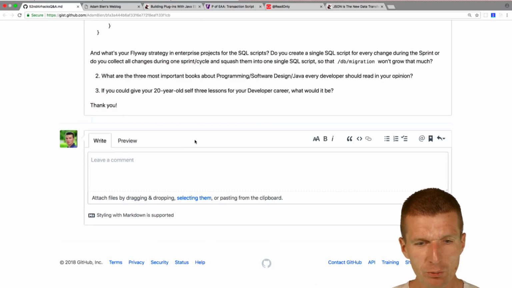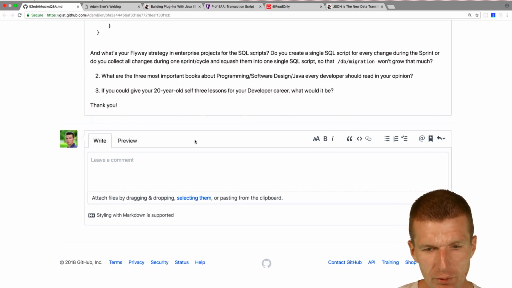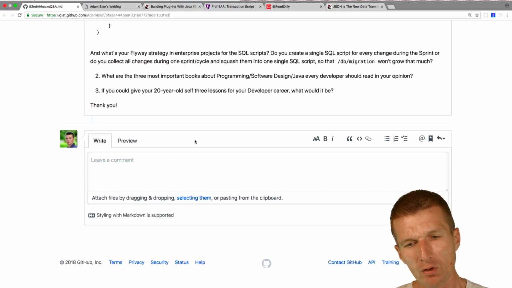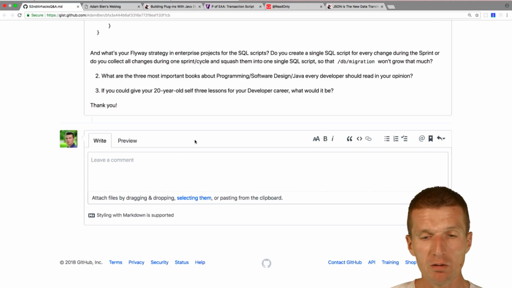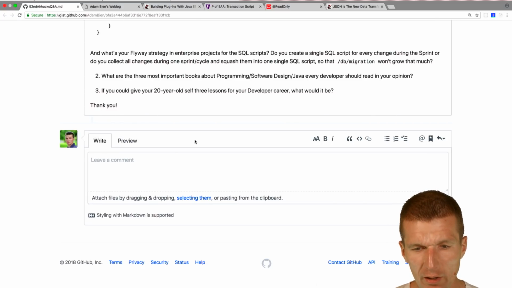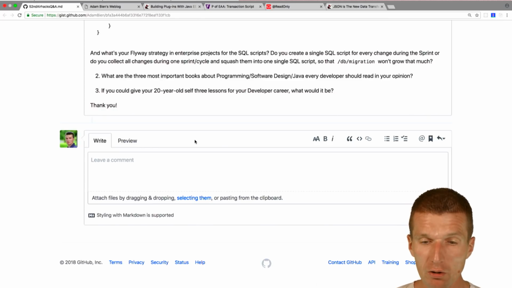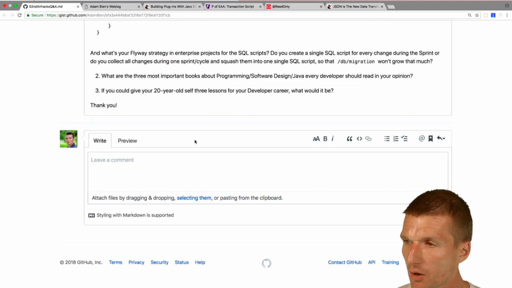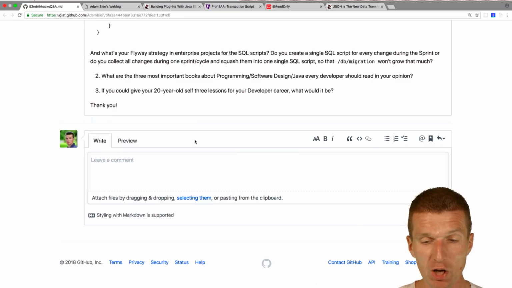If you could give your 20 years old self 3 lessons for your developer career, what would it be? So at the beginning of my career, my plan was to learn all programming languages and have lots of vacations. And then I got so many requests. At first I started with C++, then with Java, and then I stuck with Java because there were too many requests.